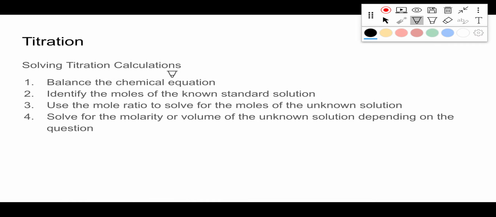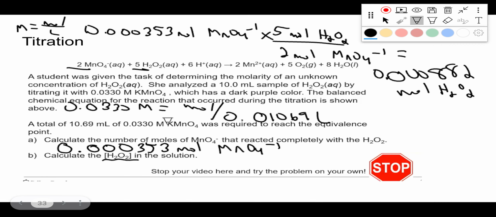So the equation was balanced. I figured out my moles of known. I've now figured out my moles of my unknown. Now I've got to do number 4, where I'm going to solve for the molarity. When it says the brackets, that's what I'm trying to get to. So I'm going to work this out down here. So my molarity is going to be equal to 0.000882 moles over, I got to have volume.